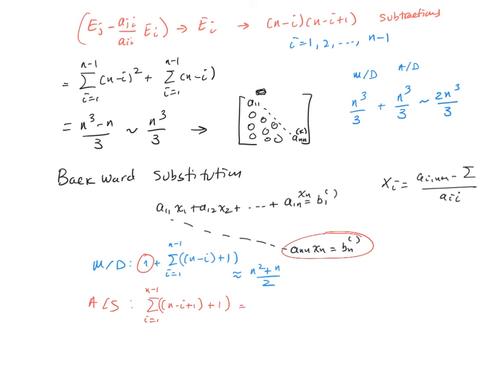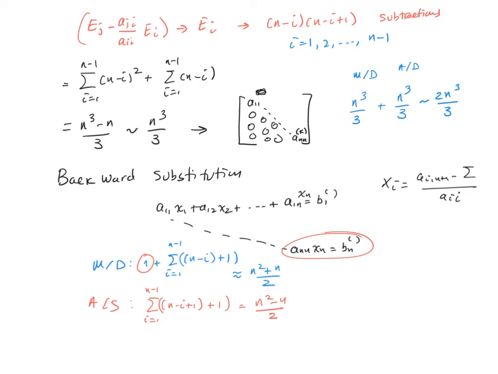And this, again, once you simplify, is around (n squared minus n) over 2. Now, that means the power for this one is n squared to do the substitution, and to do the triangular form is n cubed. So this takes a lot more work than the backward substitution. The backward substitution is actually a lot less costly.